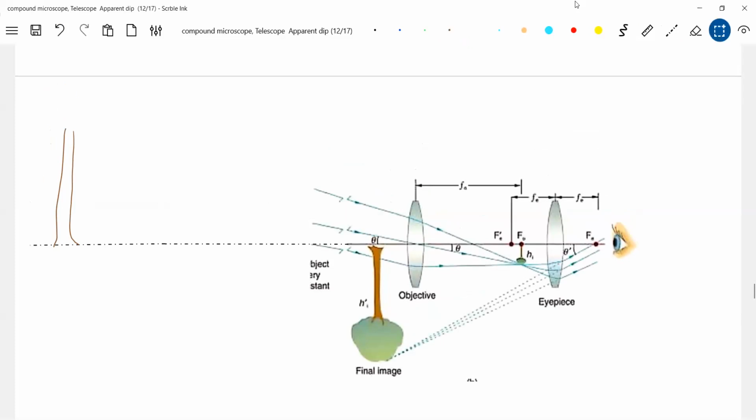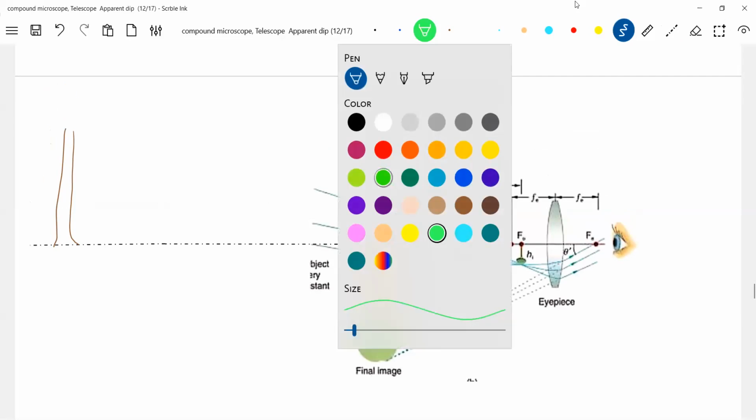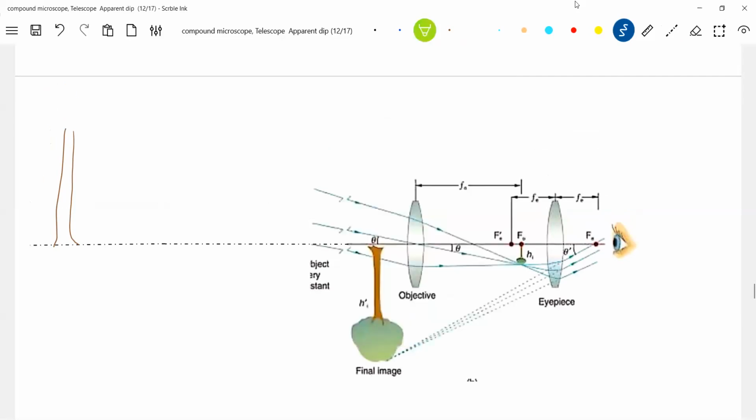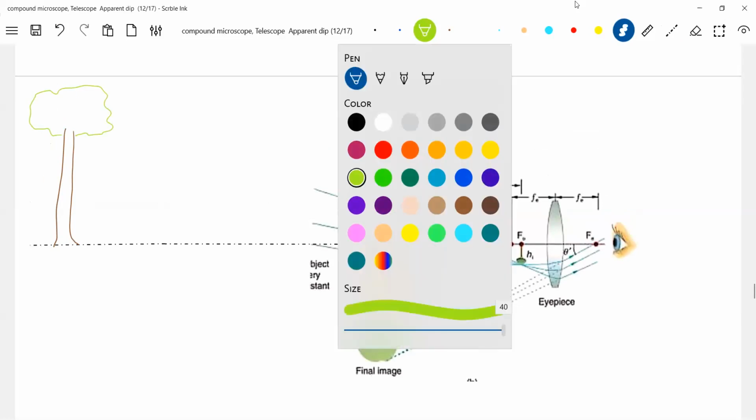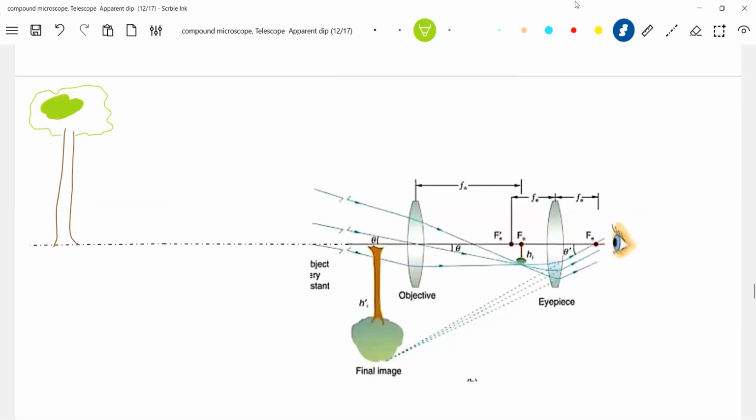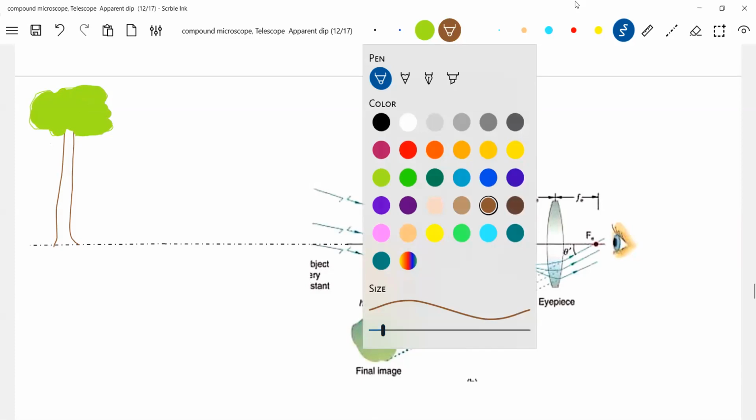Green color. There's a real tree, and I'm going to watch it with a telescope. What is the biggest problem I'll encounter? We'll encounter a situation of this kind: an inverted image.